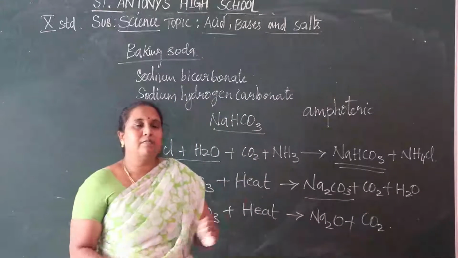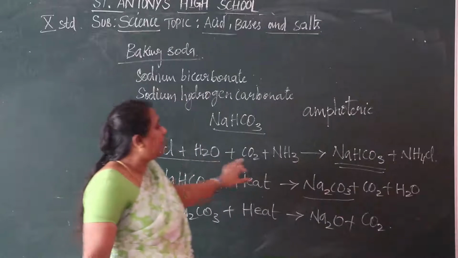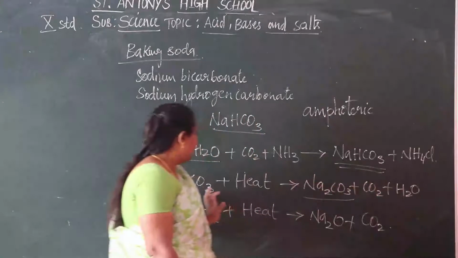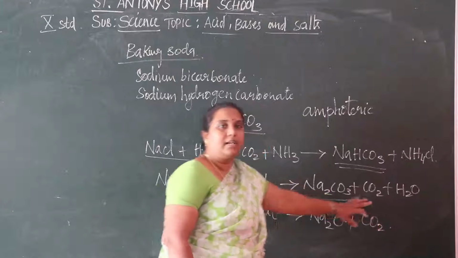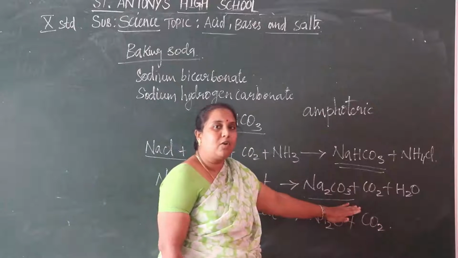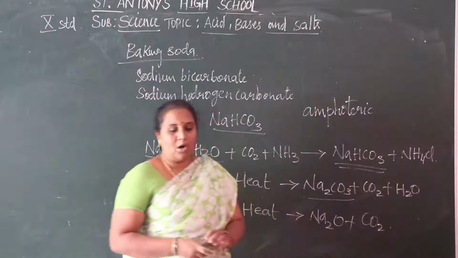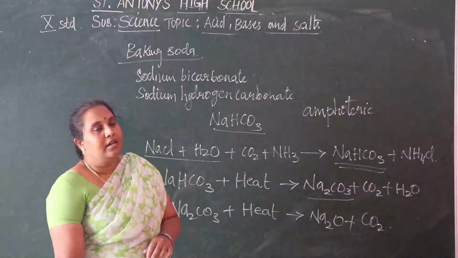So by the thermal effect on sodium bicarbonate, we get sodium carbonate plus carbon dioxide plus water. Heating sodium carbonate again, we get sodium oxide plus carbon dioxide. This reaction is known as a dehydration reaction.